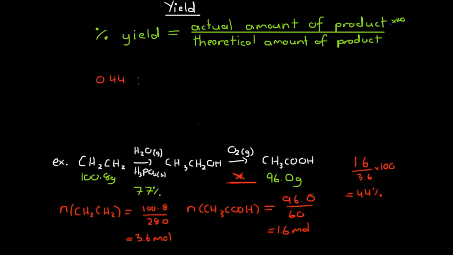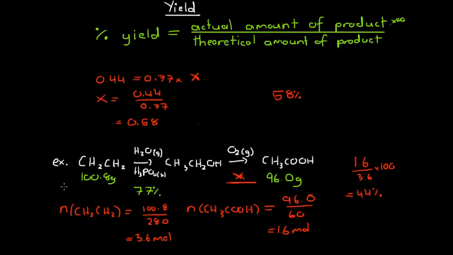So 0.44 is equal to 0.77 times X. So X here is not the percentage yield, but just the decimal value. And so that means that our yield for that second step, just some simple algebra, is equal to 0.44 over 0.77, or 58%. So the yield for our second step is 58%.